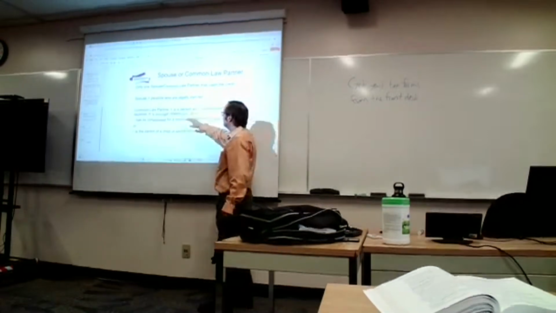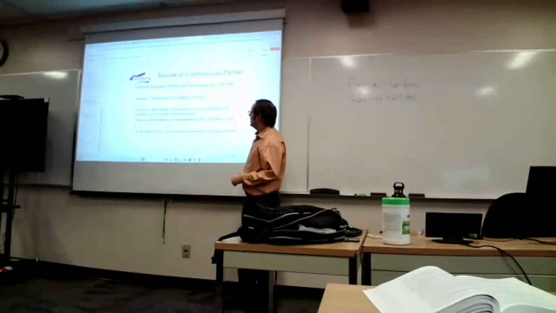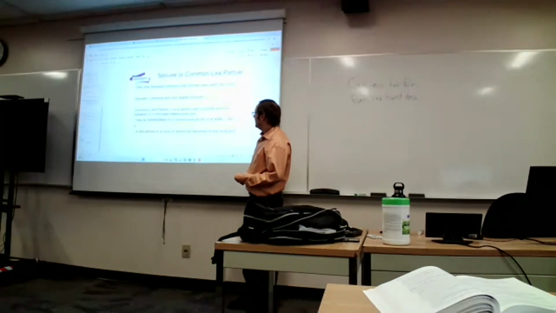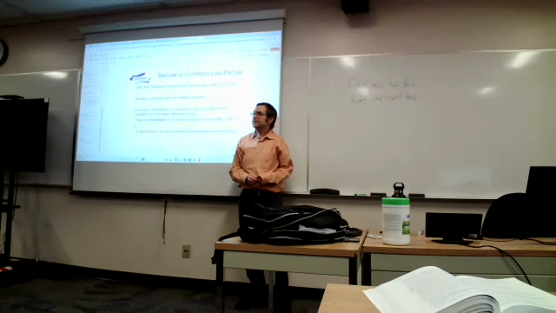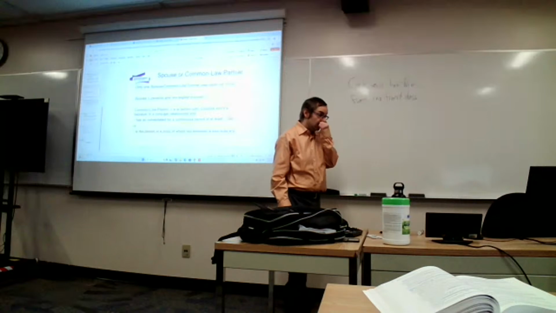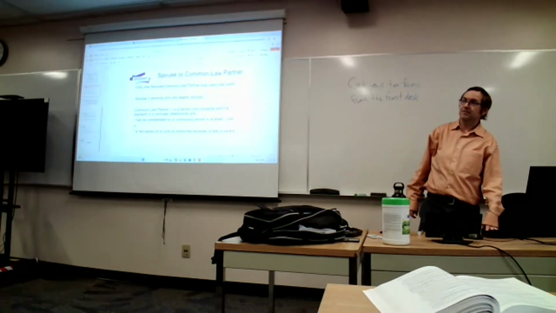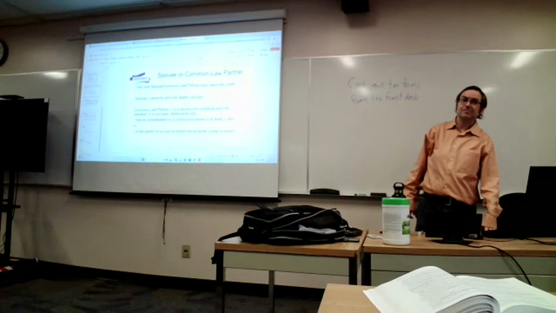A common law partner is a person who cohabits with the taxpayer in a conjugal relationship and has lived with the person for at least 1 year, or is a parent of a child of whom the taxpayer is also a parent. Make sense? Okay, so that's common law.